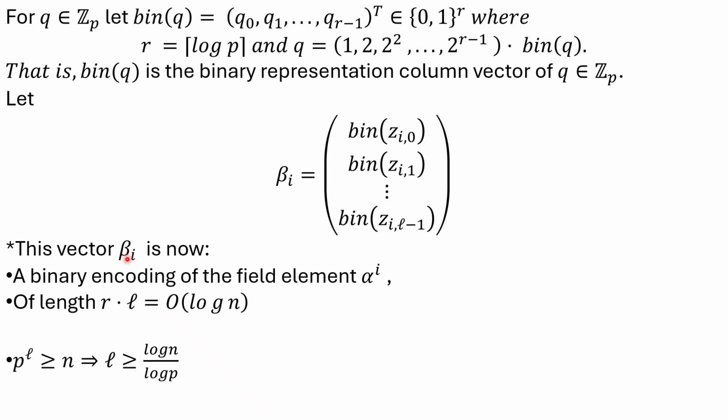This vector beta i is now a binary encoding of the field element alpha to i, because we said that alpha i can be written as z_i multiplied by alpha to some power. And it has length of R multiplied by L, which is log n, because there are L entries, each one has R, because we said that R is log p, so it has R columns. And we know that p to the power of L is greater than n, this is what we assumed, so L is greater than log n divided by log p.